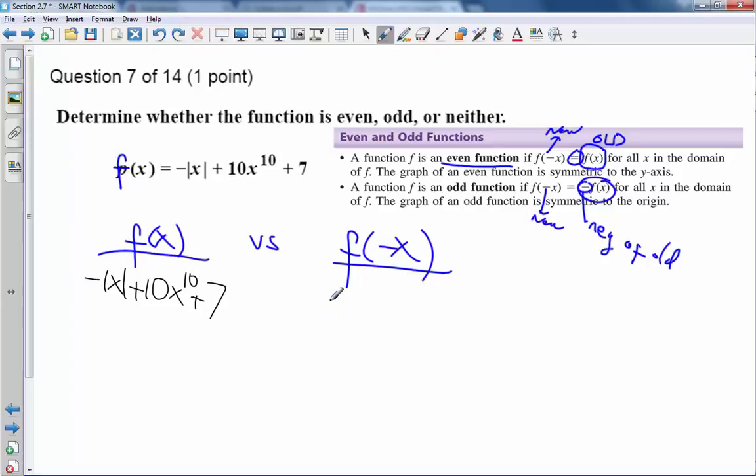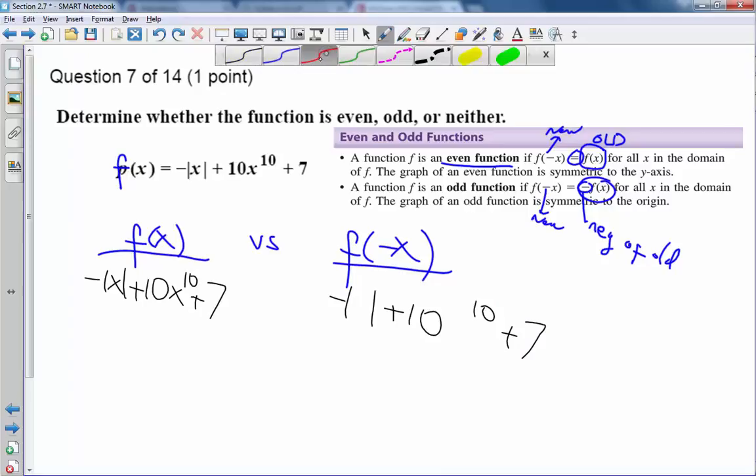Let's do it. I'm going to take away all x's. Look, I took them away. All empty spots. I'm putting them back in with minus signs. When I'm putting back into the base of a power, don't miss the parentheses. You need parentheses.